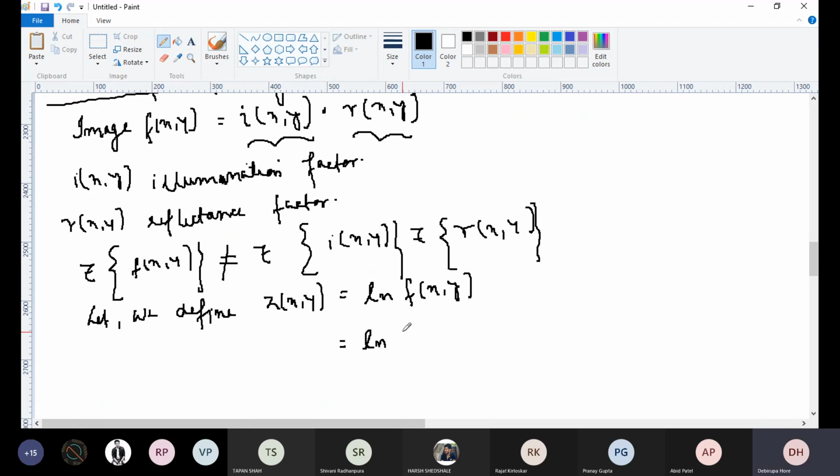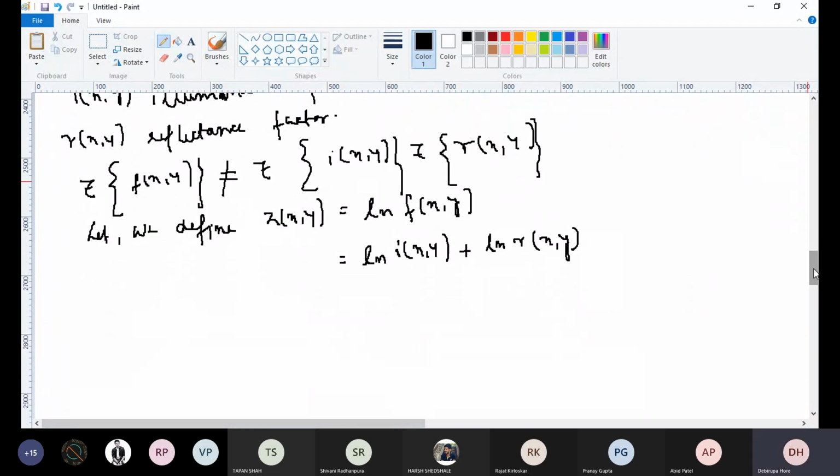That is equal to logarithm of I of x y plus natural logarithm of r of x comma y.